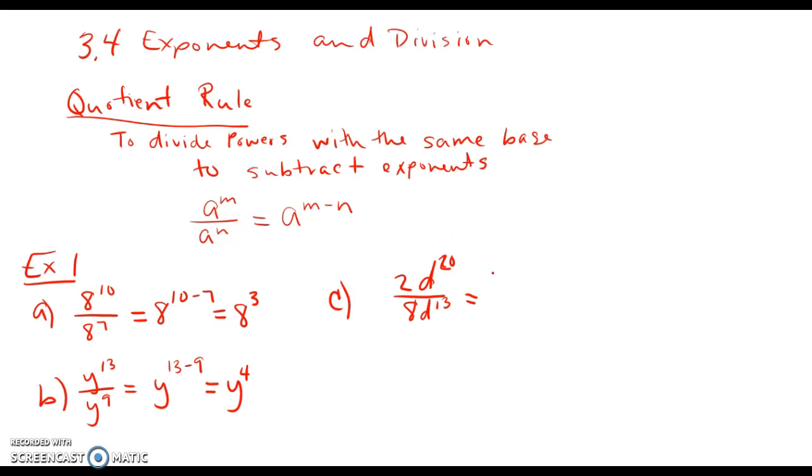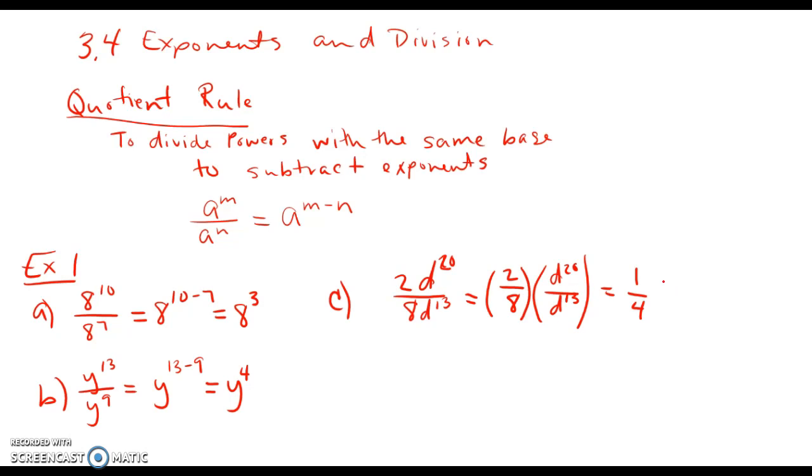So I'm going to write this as two different quotients. Right now we have 2/8 times d to the 20th over d to the 13th. That's what we have going on right now. And so what I'm going to do is simplify the 2/8. That becomes 1/4.